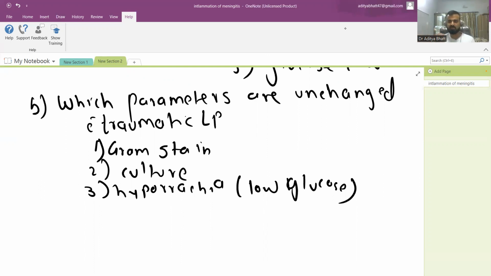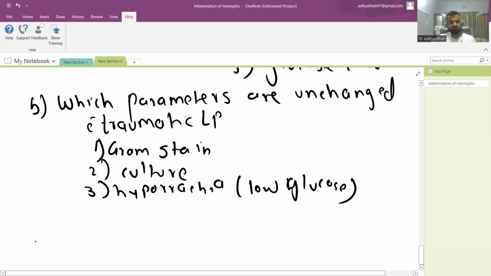We do PCR of the mycolic acid for the diagnosis of tuberculosis, and we do gram staining for the presence of bacteria. There are some other specific investigations like CSF serologies or negative staining with India ink for cryptococcus. According to the organism that we think might be involved, we have to send the specific investigation.